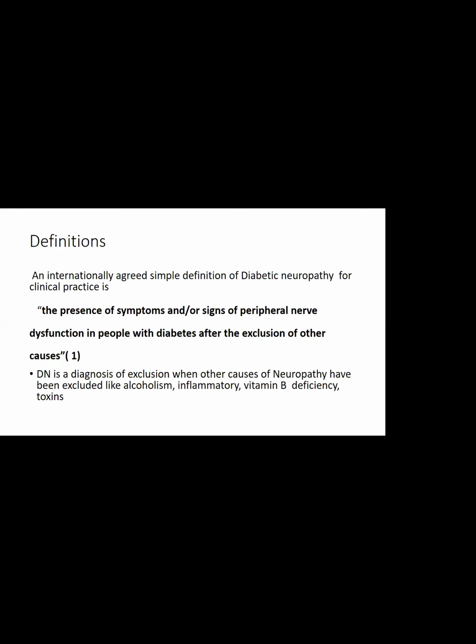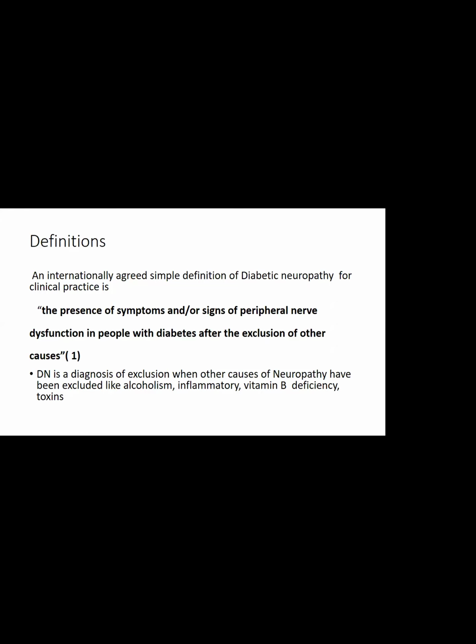Definition of diabetic neuropathy is internationally agreed to be the presence of symptoms and signs of peripheral nerve dysfunction in people with diabetes after exclusion of other causes of neuropathy.